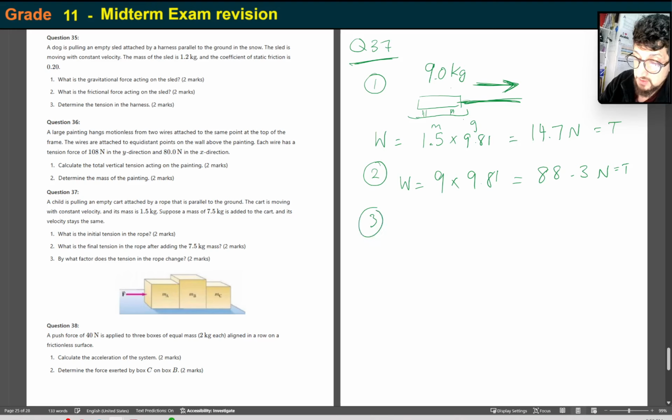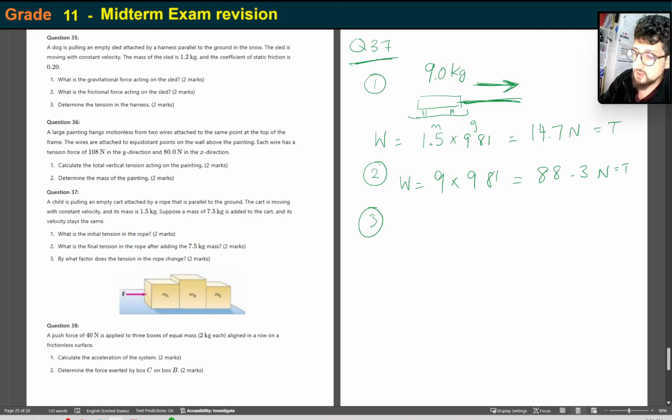And number 3 says, by what factor does the tension in the rope change? So the whole point of the question is to show you that tension in the rope is going to change in a linear fashion with relation to the weight. So basically, if you double the weight, you double the tension. You triple the weight, you triple the tension, and so on and so forth.